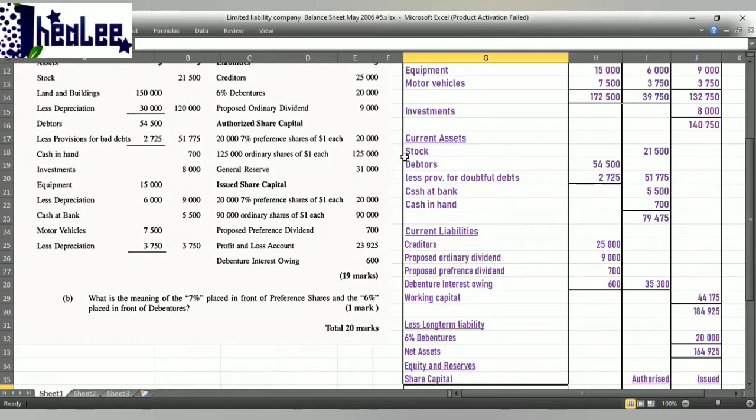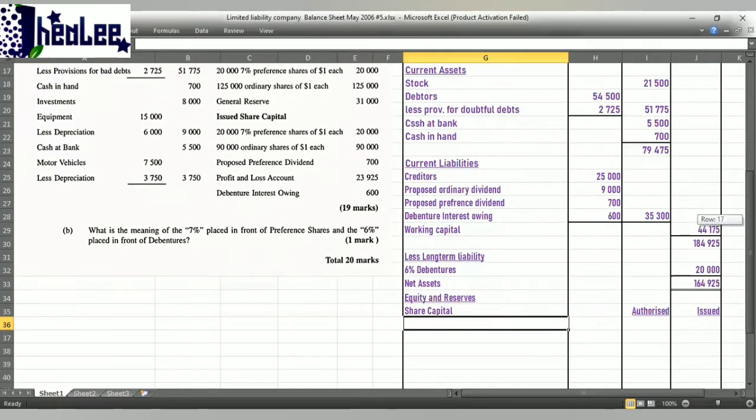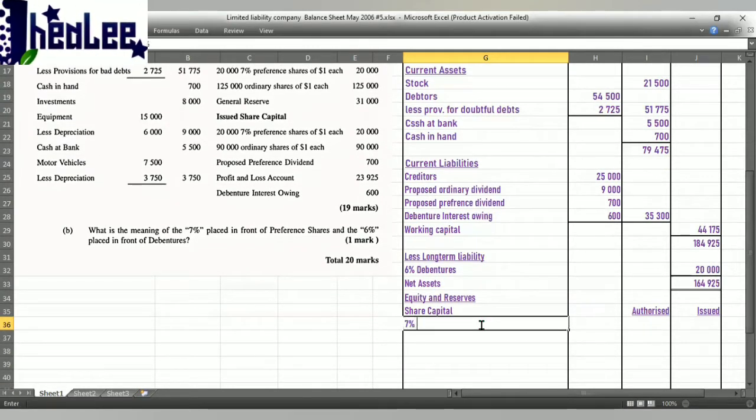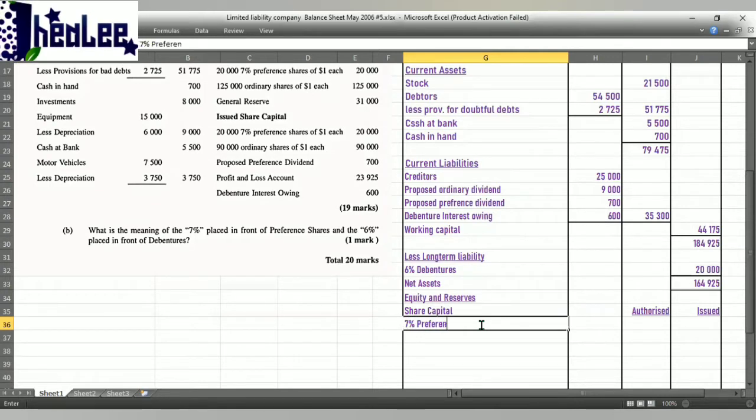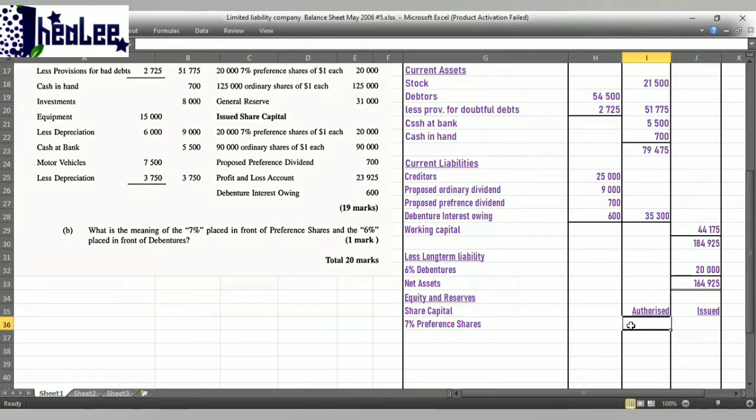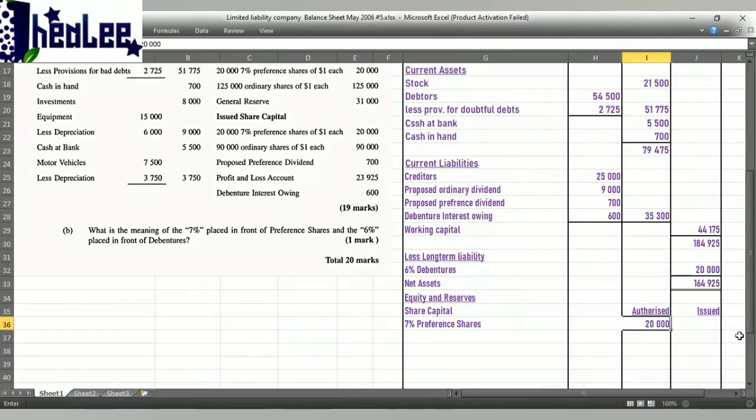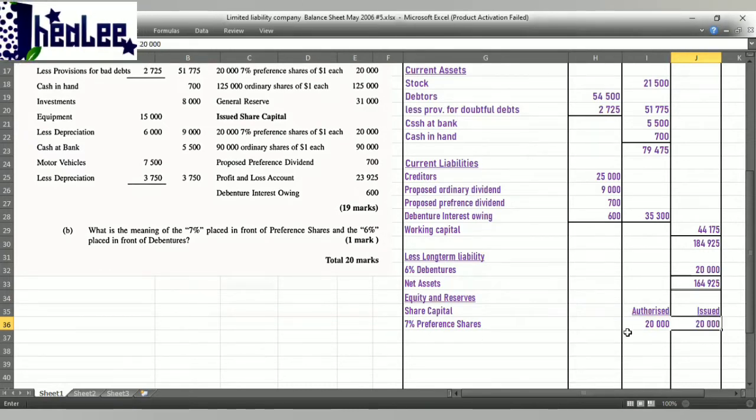Preference shares of $1 each, and the value of that is 20,000, right? So we're going to put in the 7% preference shares, and they're authorized to sell 20,000, and out of that they have sold all of the 20,000 preference shares. So you put what is authorized under authorized and what is sold under the issued.